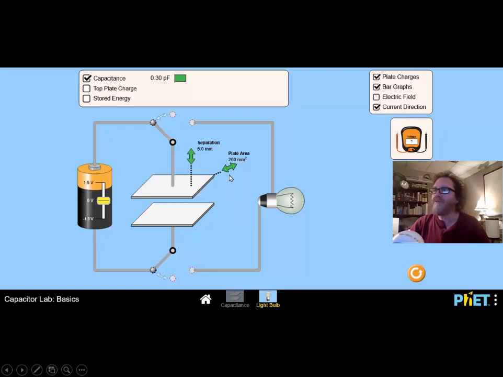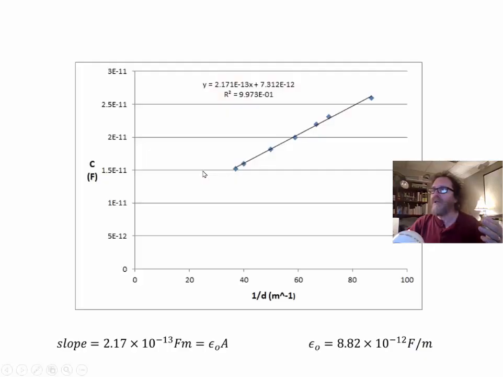There's a couple of questions that have you move that arrow, but then you're going to leave that alone and move the distance and measure capacitance, and then plot this plot and find the slope of it, and from that find epsilon naught. Okay, and once again, if you're uncomfortable using Microsoft Excel to make an XY plot, or if you're uncomfortable finding the slope from that plot, just contact me and I'll walk you through that. So that's basically how this thing's going to work.